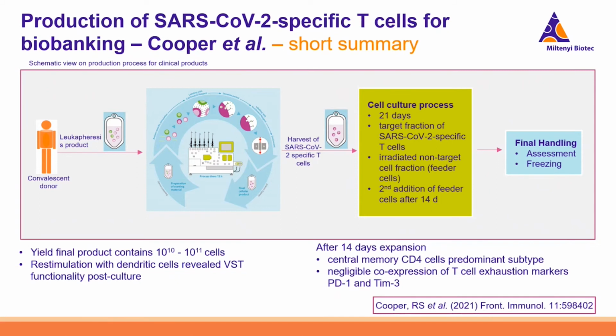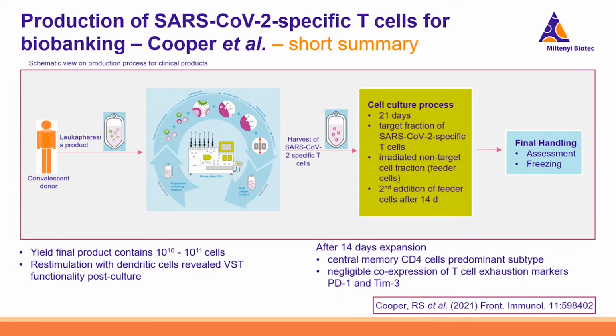The harvested SARS-CoV-2 specific T cells are then cultured for 21 days with irradiated cells from the non-target cell fraction as feeder cells. As indicated, the final cell product contains between 10 to the 10 and 10 to the 11 cells. Restimulation experiments with dendritic cells demonstrated virus-specific T cell functionality after cultivation. The final product is then frozen and can be stored in a biobank system.